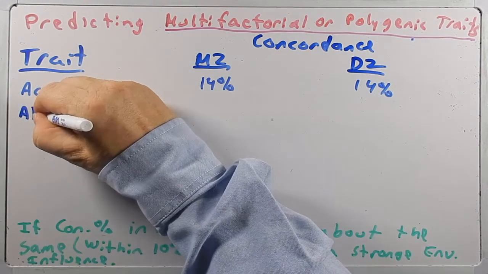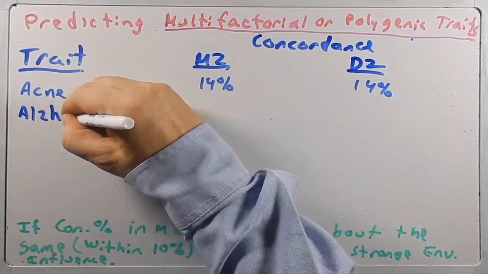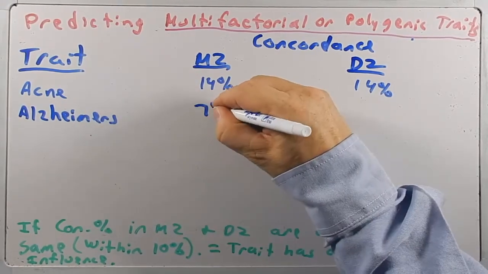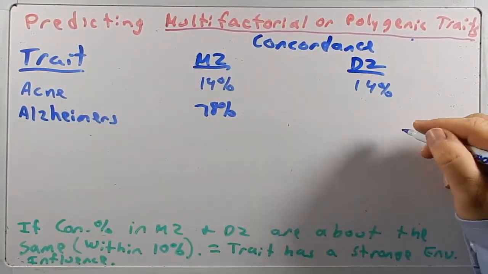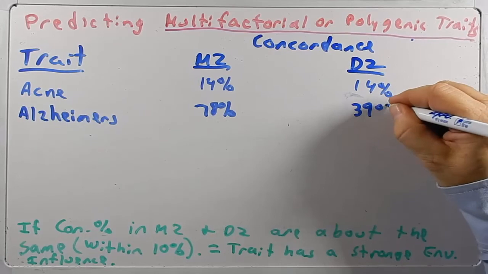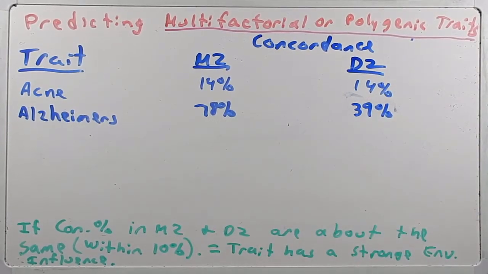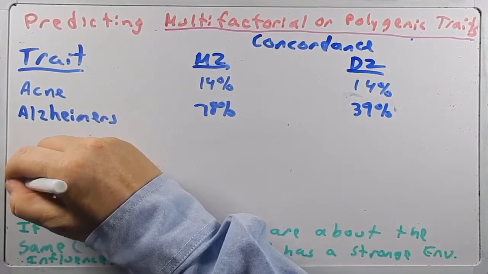Okay, the next trait, let's think of Alzheimer's disease. 78% concordance in monozygotic twins and 39% in dizygotic twins. And when we see this, let's make another general rule.